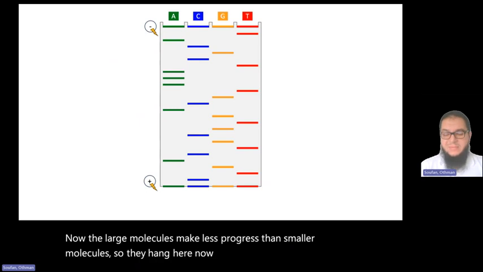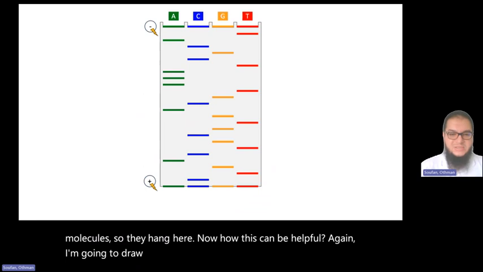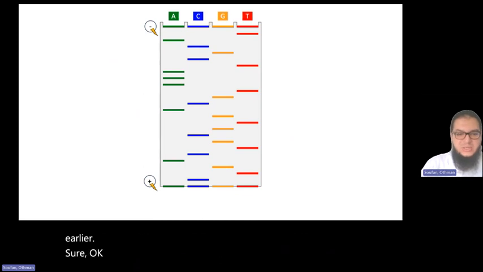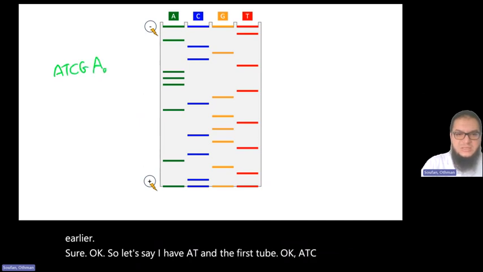Now, how this can be helpful, again, I'm going to draw a similar example to what I've showed you earlier. Okay, so let's say I have A, T in the first tube, okay, A, T, C, G, A, ddA. Now we know this is where it stops.